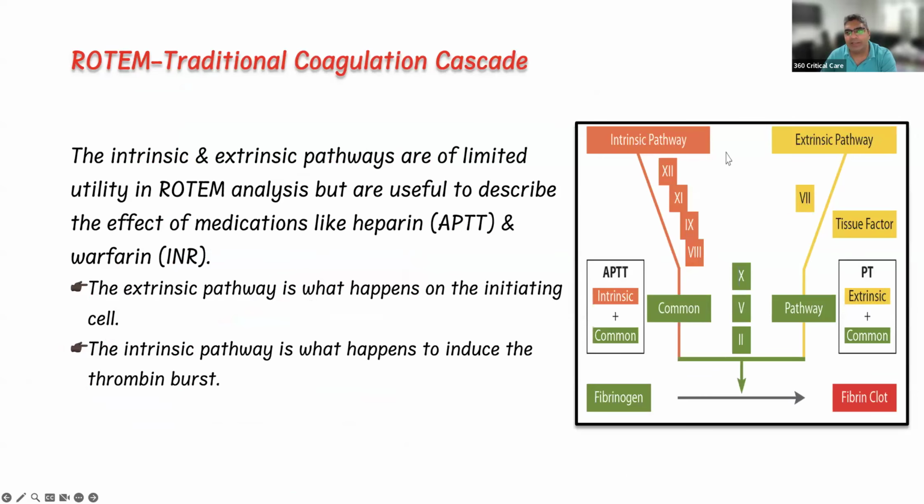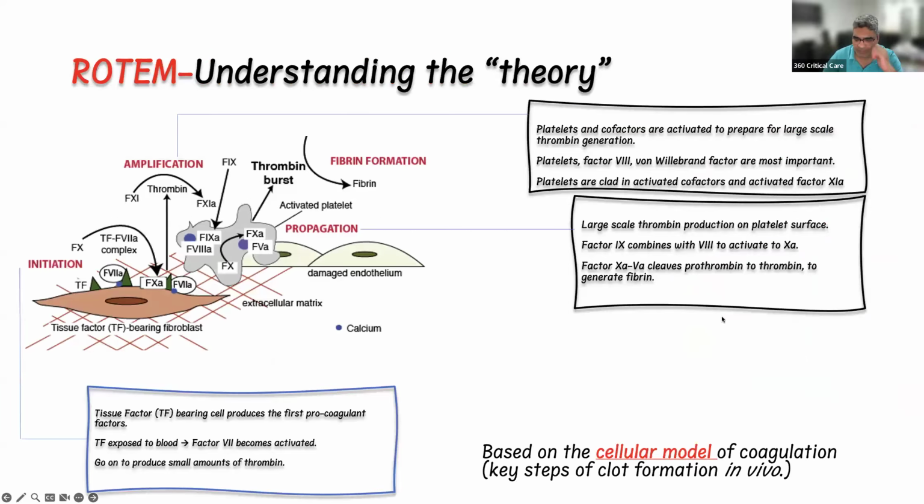So the theoretical part of the coagulation is usually we read as two different pathways, but it's not as simple as this. The in vivo mechanism is pretty complicated, but for our easy understanding, we think there is an intrinsic pathway and there is an extrinsic pathway which converge together into a common pathway.